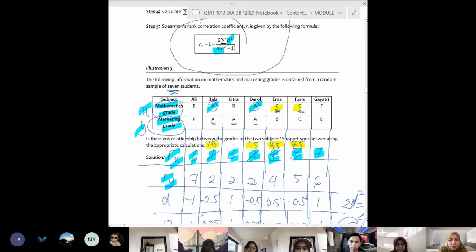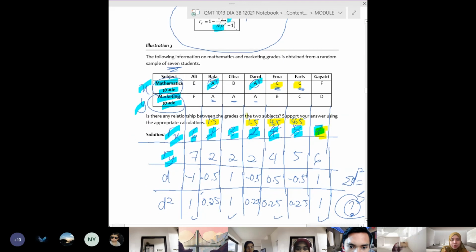Okay, so your new rank for this one, A and A, is 1.5, C and C will be 4.5. Okay, but you cannot do this until you complete all together the data rank first. Kena settle sampai 7. Kalau you have 7 data, you have to settle sampai 7 first. Lepas tu baru you sibuk find out the same rank, the same grade ataupun the same data. Boleh? Faham tak?